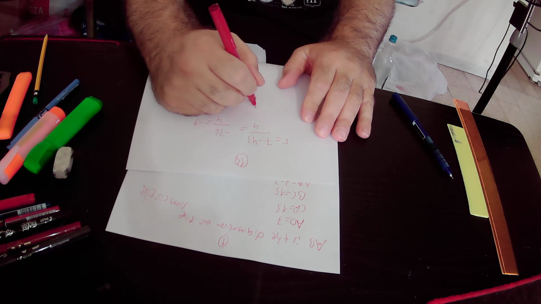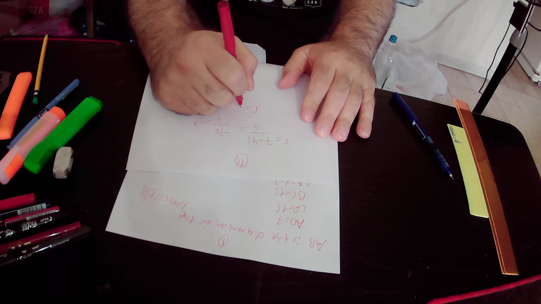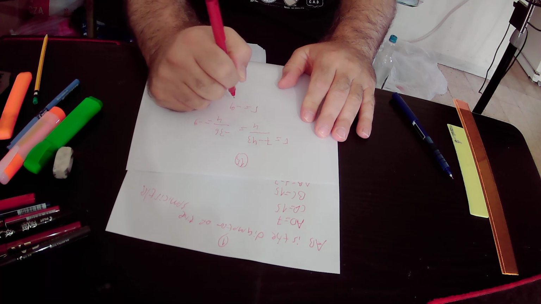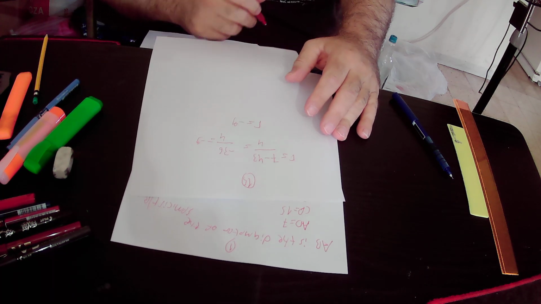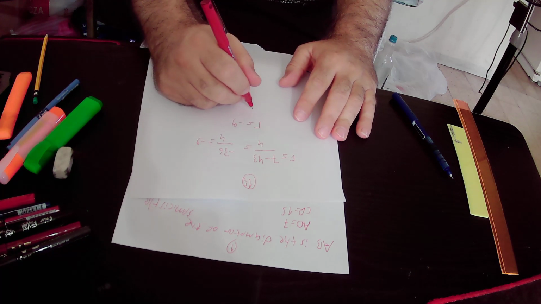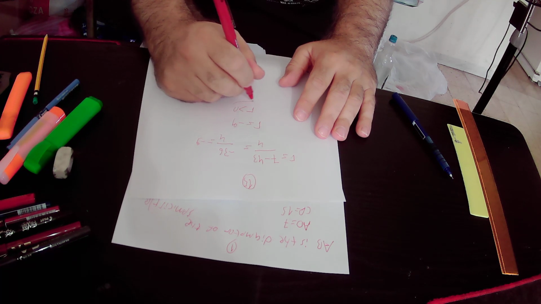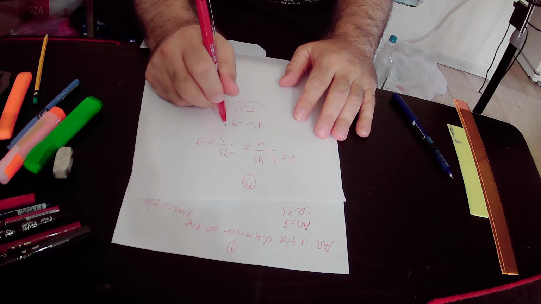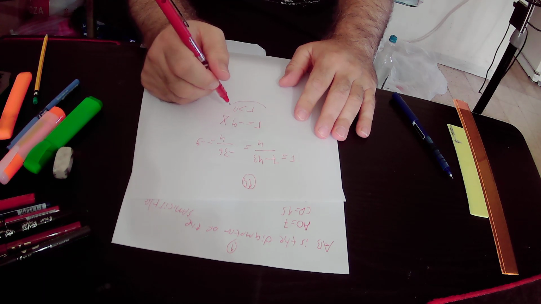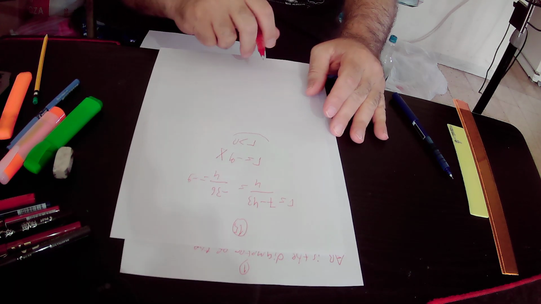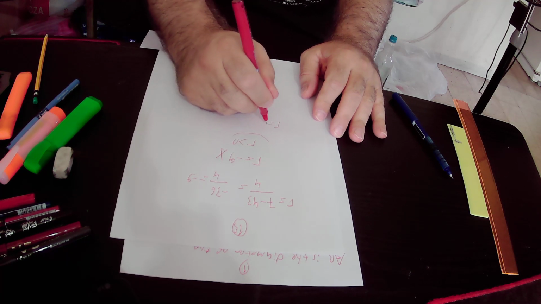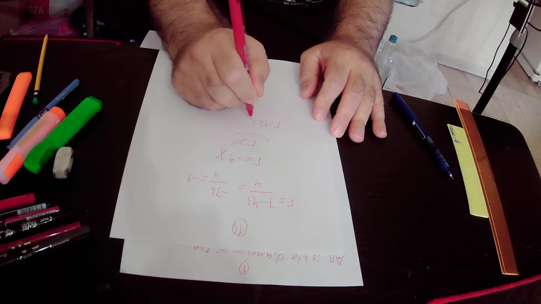So we arrived at the solution that states that the radius of the semicircle is minus 9. But because the radius of the semicircle must be a positive number, this solution is incorrect. We'll cancel this solution, so we are left only with the solution that r equals 12.5 units.